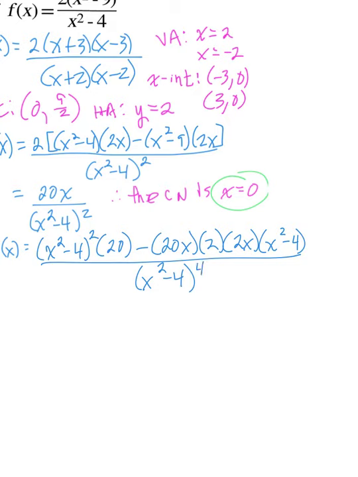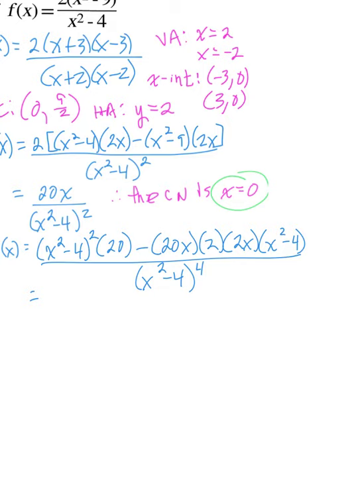Then you're going to simplify what you can. If I were you, I would factor out the 20 from both of these, because this is one term, this is another term. So I'm going to factor the 20 out of both of them. I'm only going to square this and multiply the 2 by the 2x and then simplify everything. And then refactor.